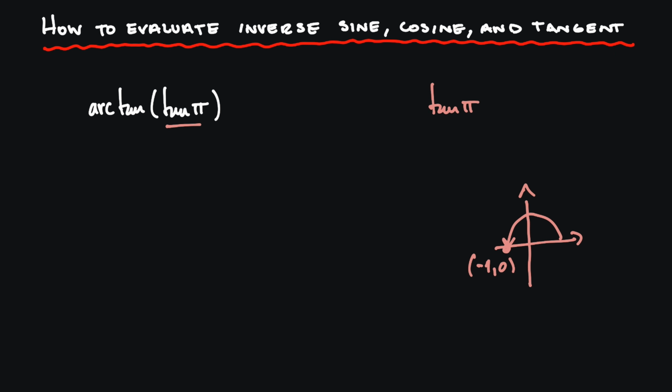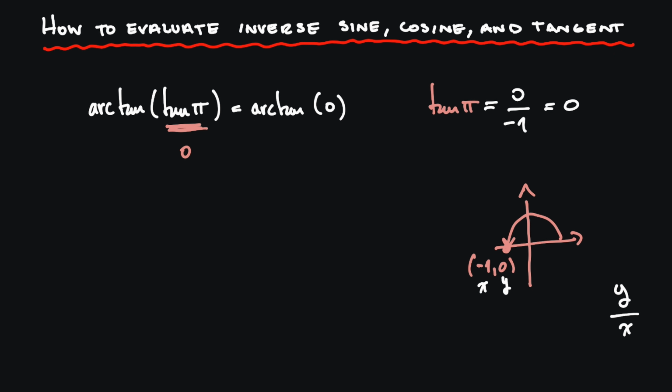And if you remember, tangent as a function will be y over x. And y here is 0 and x is -1. So I have 0 over -1, and 0 over -1 will be 0. So this will be equal to arctangent of 0, okay?